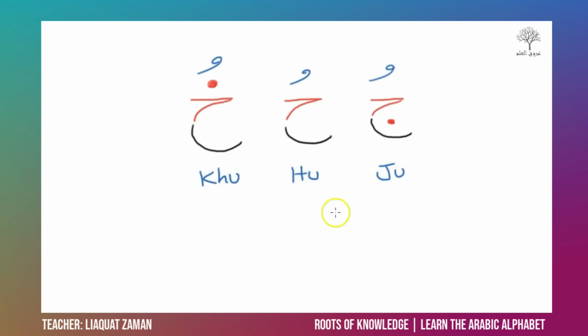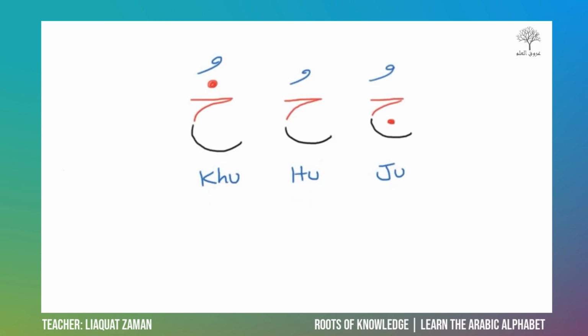So ju, hu, and khu. Can you remember all those? The first one with the fatha was ja, ha, and kha. With the kasra, it's ji, hi, and khi. And with the dhamma, it's ju, hu, and khu.